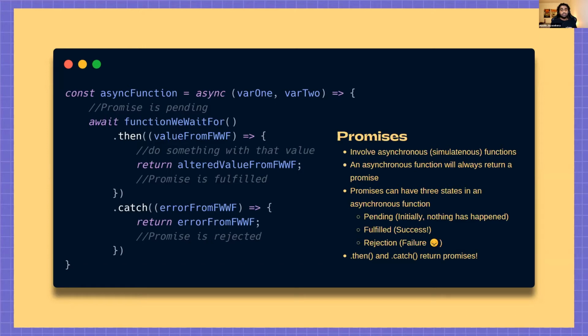But with asynchronous functions, that downloading function can be run on another thread of the machine, and the code can continue as if the function's already done, while it keeps running in the background. So that's essentially what an asynchronous function is.